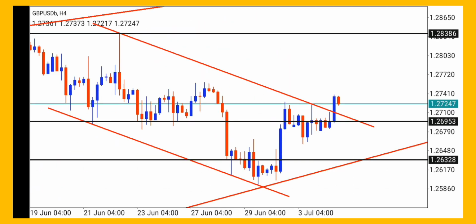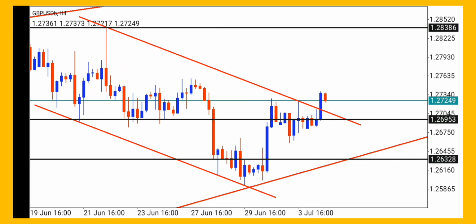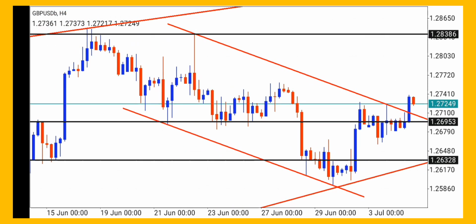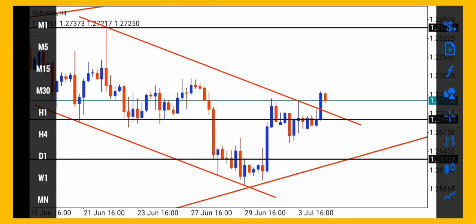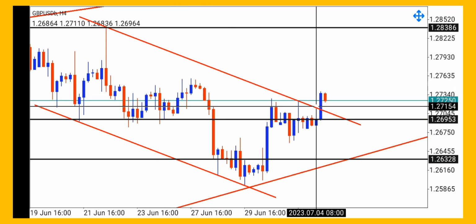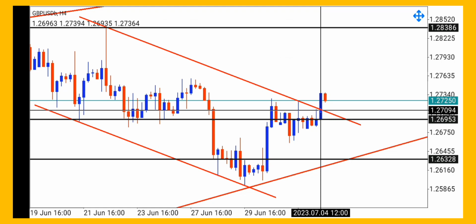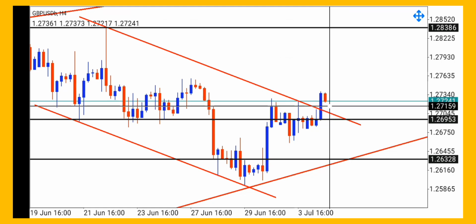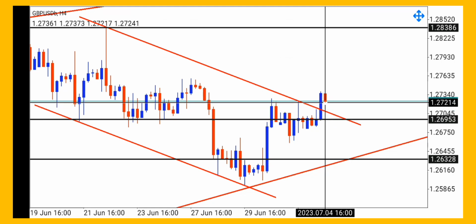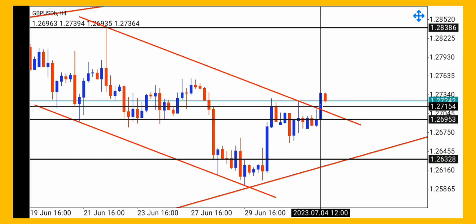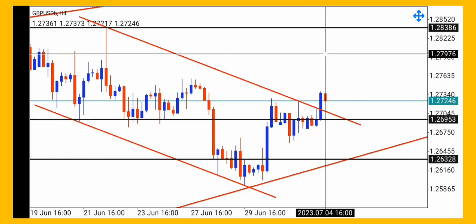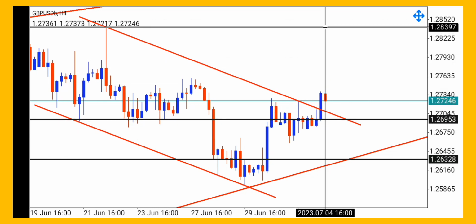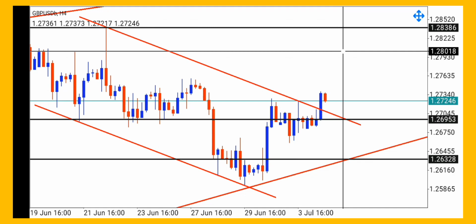So as it is, I'm noticing that this is some form of a breakout. The market has broken out, and it will come to retest this trend line maybe here. I'm not so sure, but it might do that. So if I enter here, maybe I'll just wait for it to retrace a bit, then my entry will be somewhere here, my stop loss will be somewhere here, and then my targets will be here. That will be a good risk to reward ratio.